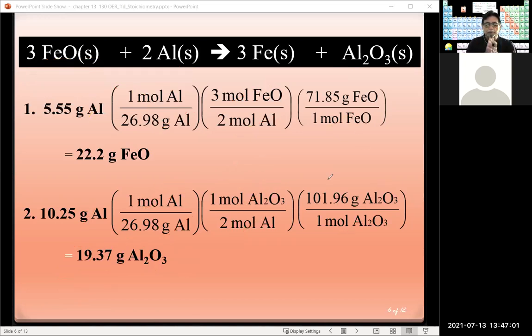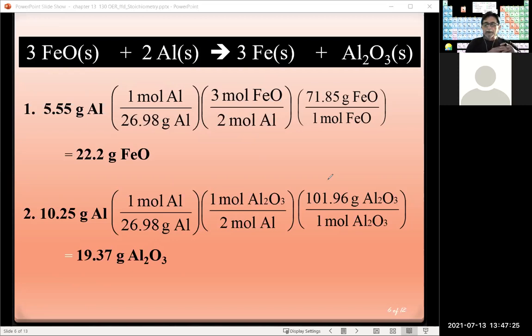Rehash all this: balance the chemical equation, okay? Stoichiometric relationship, take your grams, convert them to moles. From the moles, that's the first conversion factor. Your second conversion factor would be the ratio, the stoichiometric relationship between what you're looking for and what you're given. And then that gives you the moles of what you're looking for, what you're trying to find.